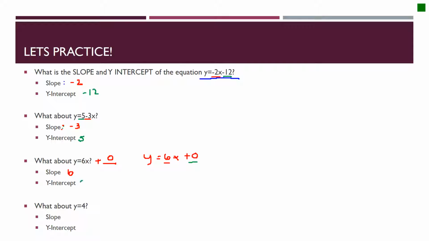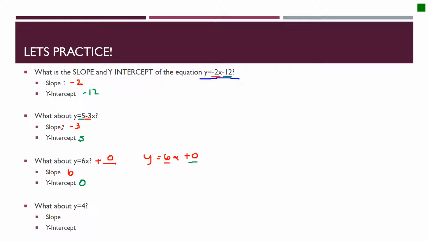That doesn't mean we don't have a y-intercept. It means it crosses at the origin where the y value is 0. So don't get tricked if you see an equation that looks incomplete. It probably just means there's a plus 0 that is redundant for us to write. You just have to remember that it's there. Go ahead and pause your video and find the slope and the y-intercept for the next one.